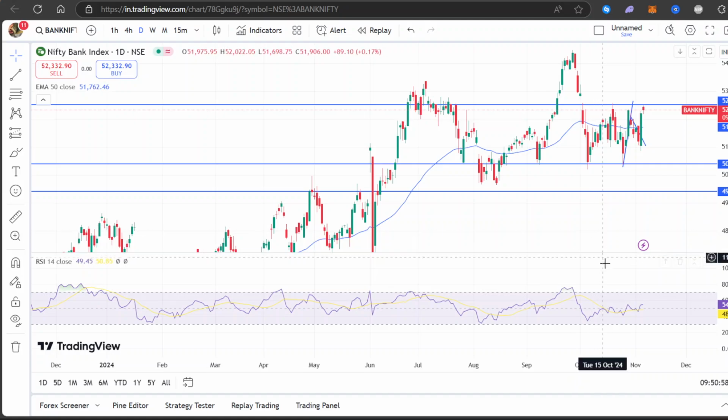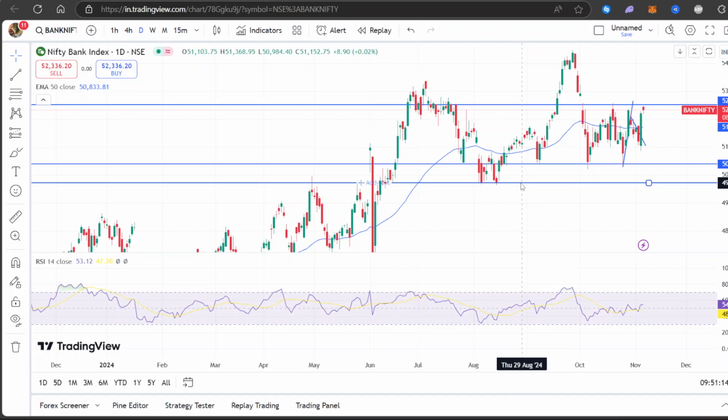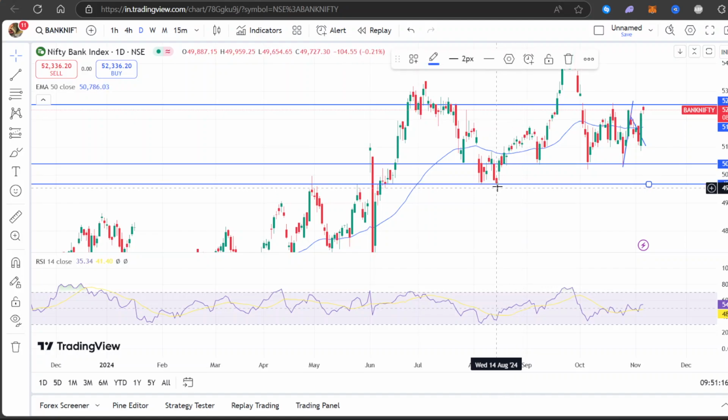So we can see that at this point we had the RSI give us a buy signal, because the RSI was close to the oversold and then it was trending upwards. At that time, we had the price of Bank Nifty bouncing off this support, and then shortly afterwards it crossed above the moving average. So we had an extra confirmation around here.